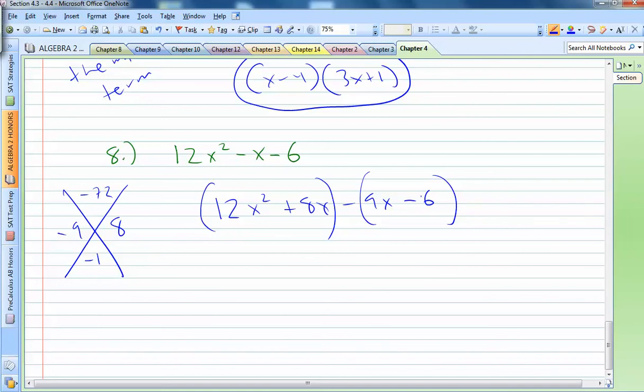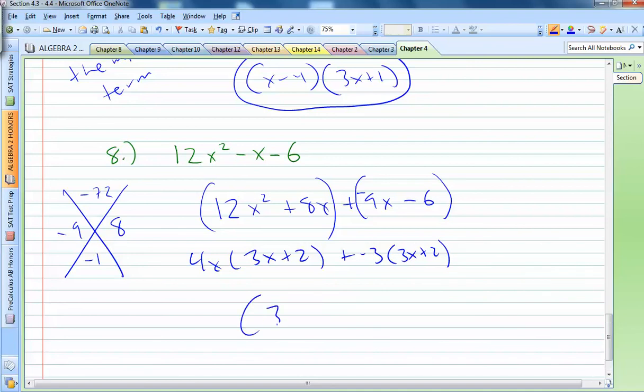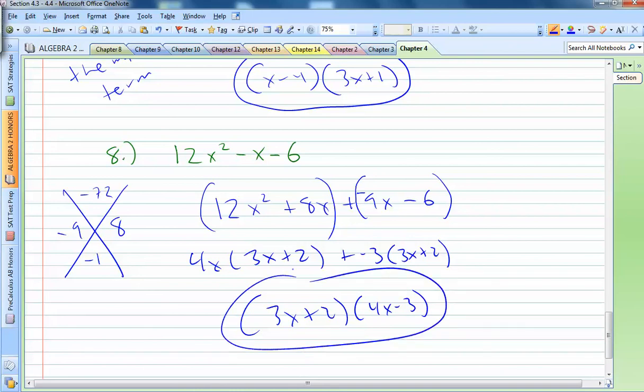So negative 6 now became positive when it shouldn't have. So you got to do this. Pull out common factors. So we got 4x, 3x plus 2. We pull out a negative 3, and of course it's 3x plus 2. Pull out the 3x plus 2, that's a common group there. 4x minus 3. So now we got a really nice way of factoring this.